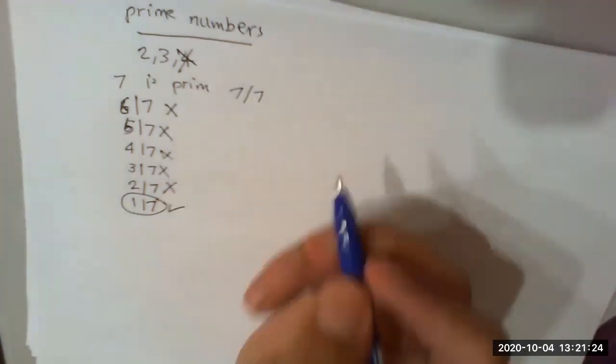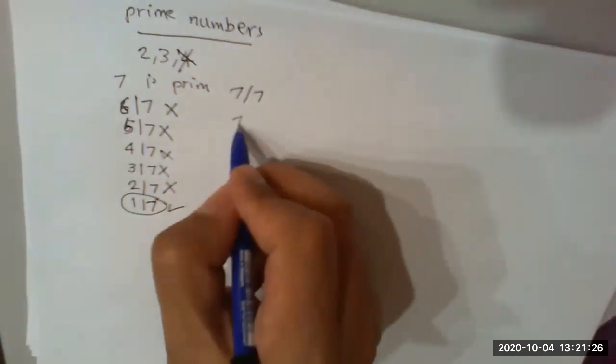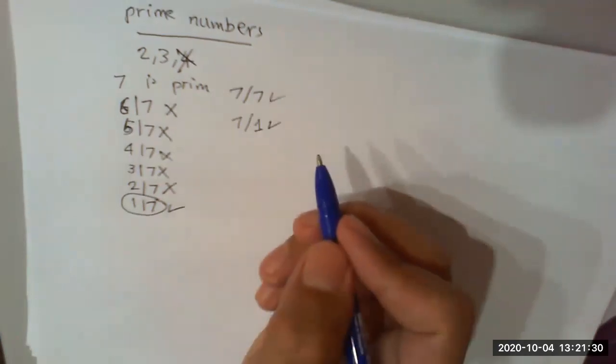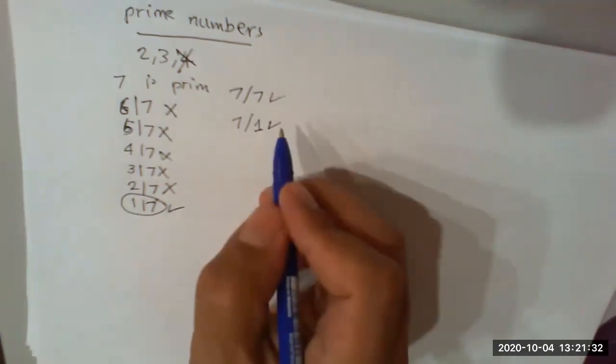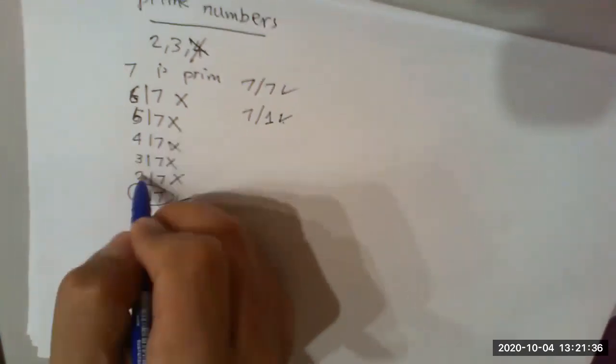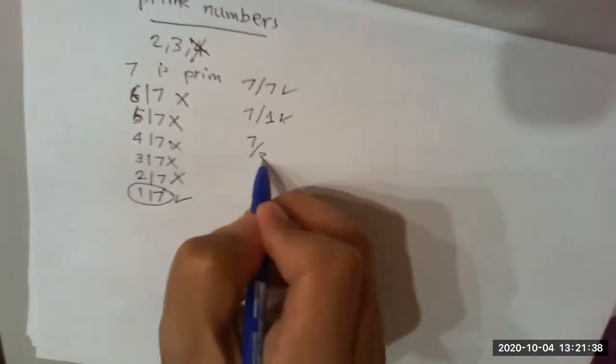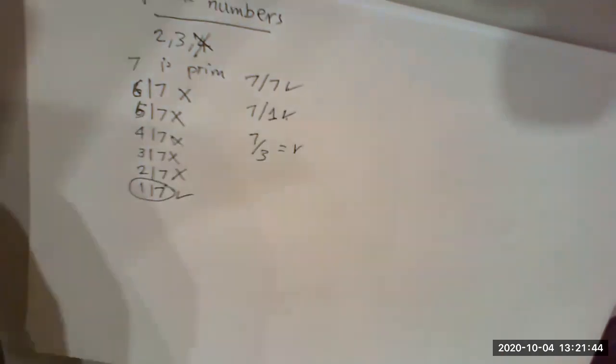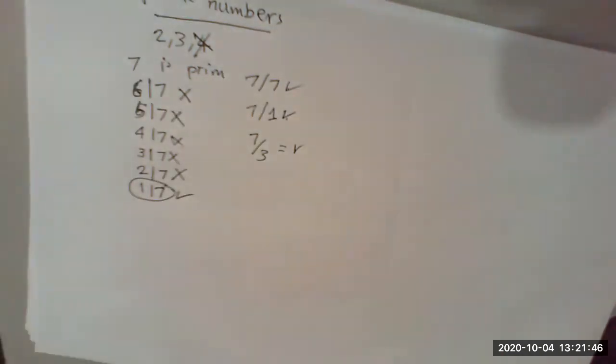For example, 7 is divisible by 7, and 7 is divisible by 1, without any remainder. But if you take any other division, for example 7 over 3, you will have a remainder. So this is the definition of a prime number.